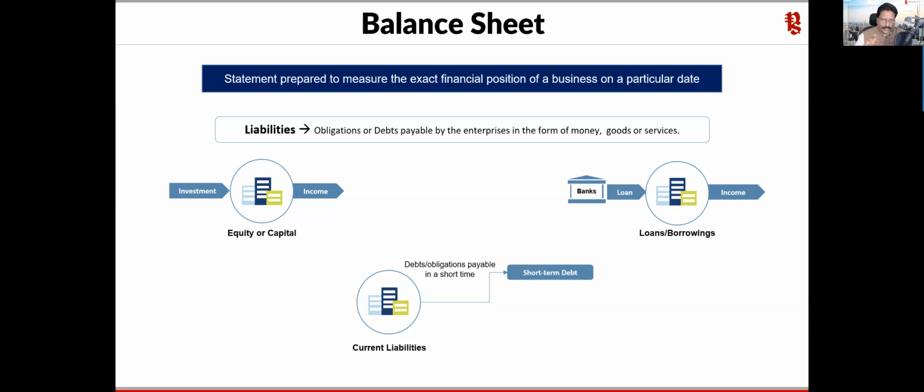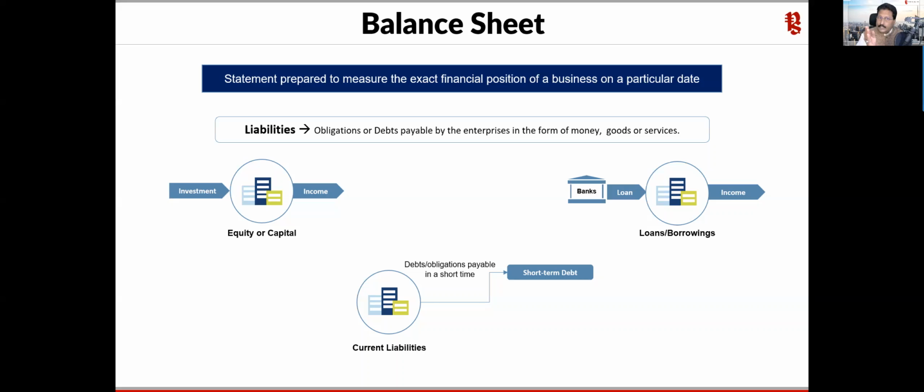The point I'm trying to make is that these are loans and borrowings whose benefit you will enjoy as long as you're running your business in a normal way, without any damage to your business operation, right?